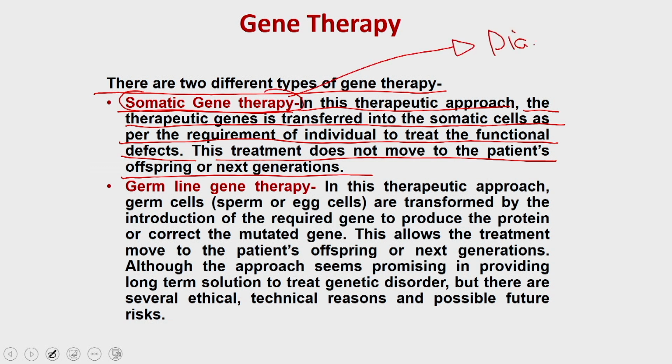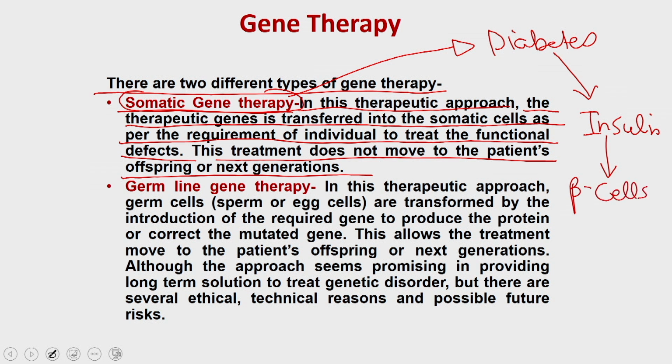So, if somebody is suffering from diabetes because they cannot produce insulin, then what you can do is recombinantly clone the insulin A and B genes into a recombinant DNA, and then deliver that to the beta cells.